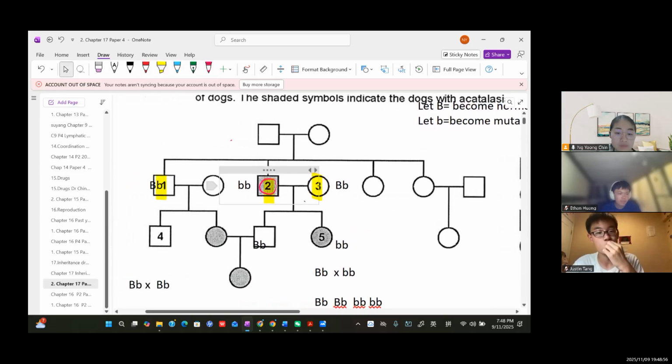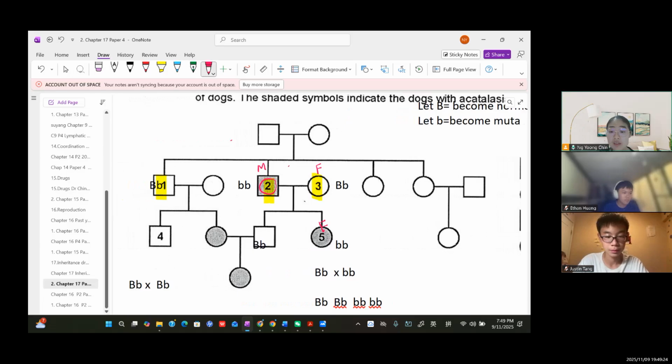This affected male must be 2 small b. Because when you look at this 2 and the 3, if this affected male marries a normal female, they'll produce a child, which is a female, and that female is affected. So that's why you can make a guess.